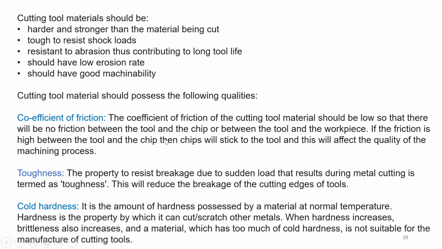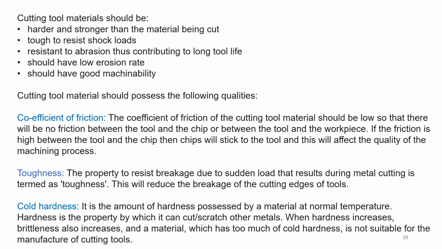If the friction is high between the tool and the chip, then chips will stick to the tool, and this will affect the quality of the machining process. Toughness: the property to resist breakage due to the sudden load that results during metal cutting is termed toughness, and this will reduce the breakage of the cutting edges of the tools.